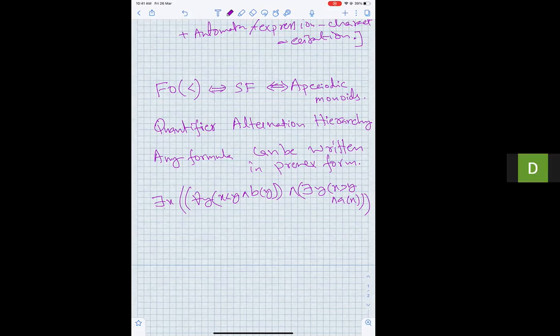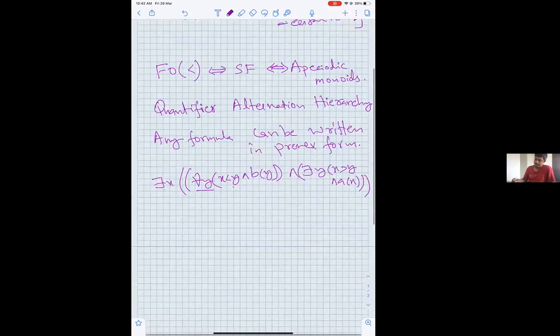We can rename one of the y's by z, and then bring it out in the outermost quantification form. The problem is that if I pull this y outside, I can't put both y's outside, because if I pull out for all y first, followed by there exists y, then the innermost y will be quantifying these y's.